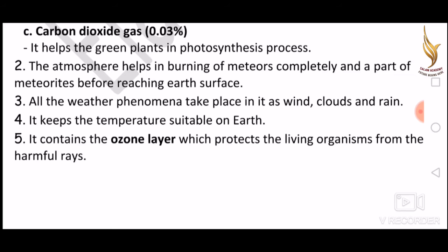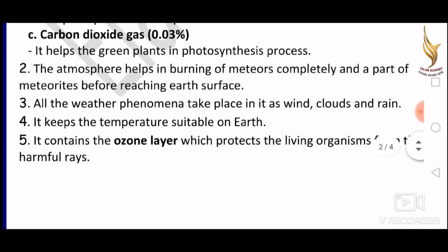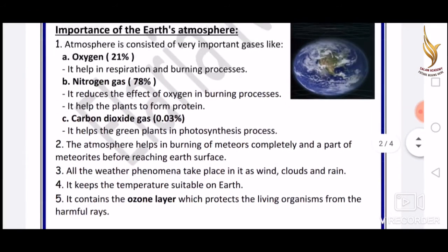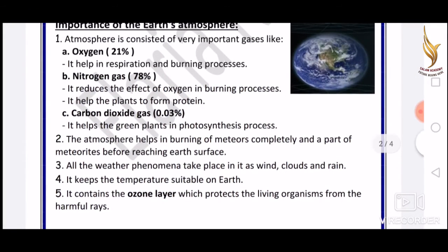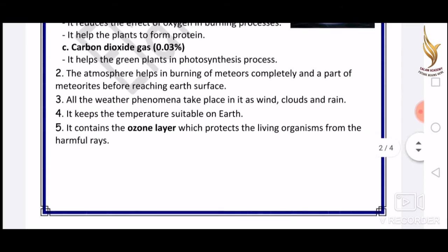So these properties make atmosphere very important. Number one, it consists of very important gases, helps in burning meteors and meteorites, the weather phenomena take place in it, keeps temperature suitable on Earth, and it contains the ozone layer.